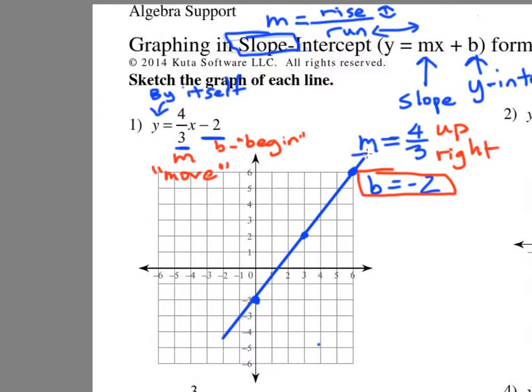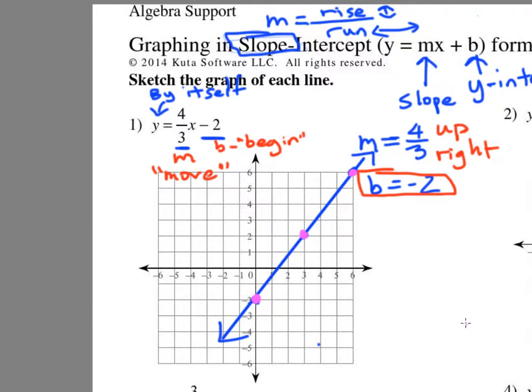And then please draw arrows on either end. The arrows mean that the line goes on forever, in both directions. So we just did our first graph. We started with the intercept, begin with the b, and then we moved up 4, right 3, up 4, right 3, and then we drew our line with the 2 arrows.